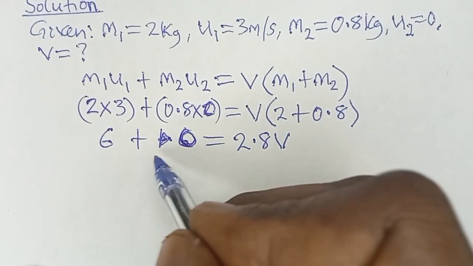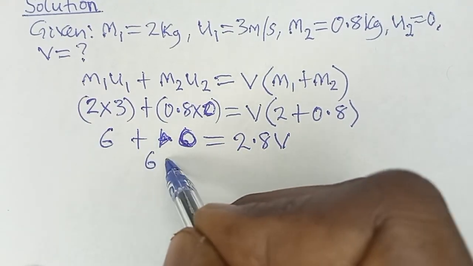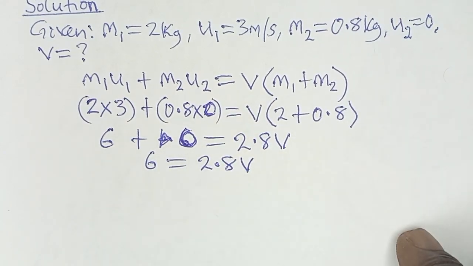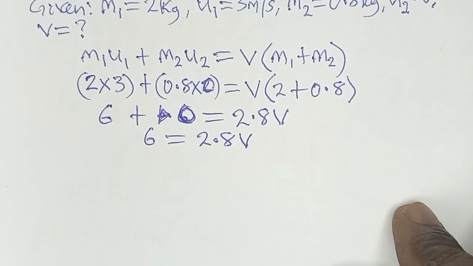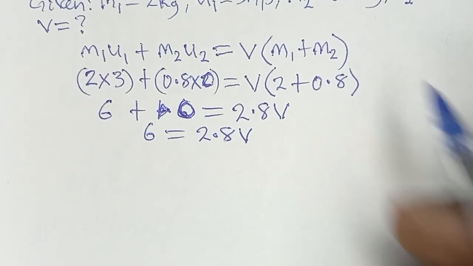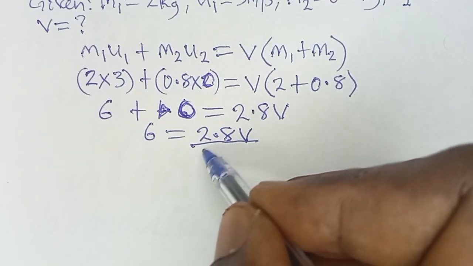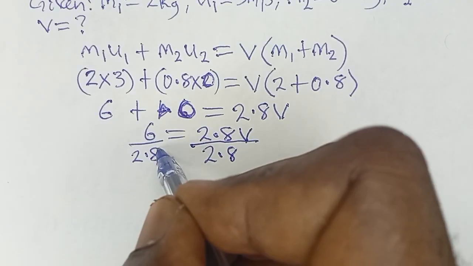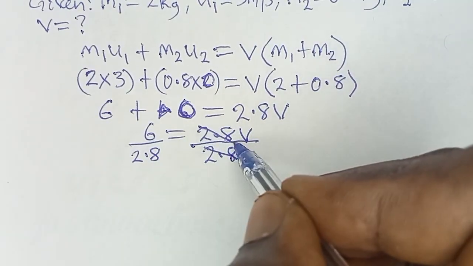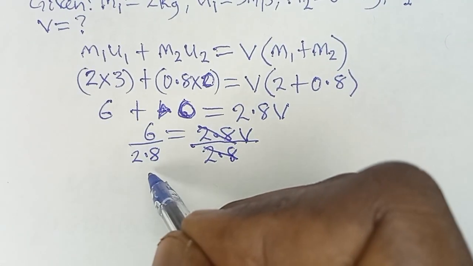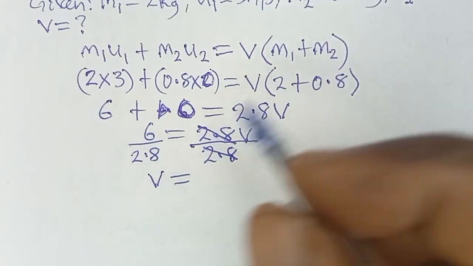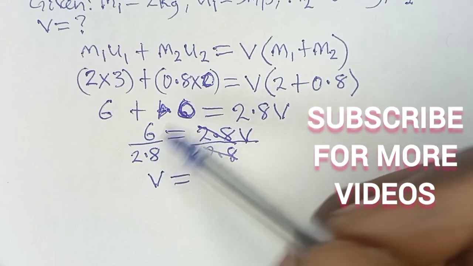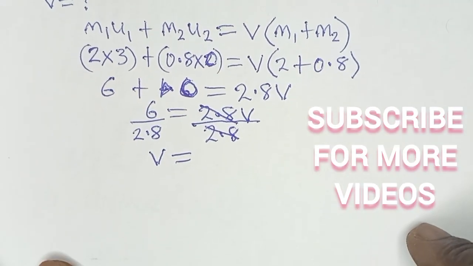So finally, I have 6 plus 0 is 6, and that is equal to 2.8 V. The next thing for me to do is to divide both sides by 2.8 so that I can get the value of V. So the 2.8 cancels 2.8, and I'm left with V. V is equal to 6 divided by 2.8, which gives me 2.14.